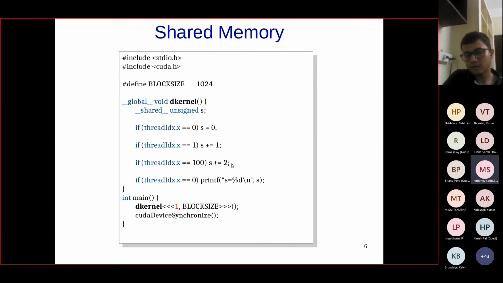So the final value of s will be garbage plus 2, because here 0 was stored, then 1 was added, then 1 was stored, and then finally this garbage plus 2, which was computed by the thread 100, was stored in s.